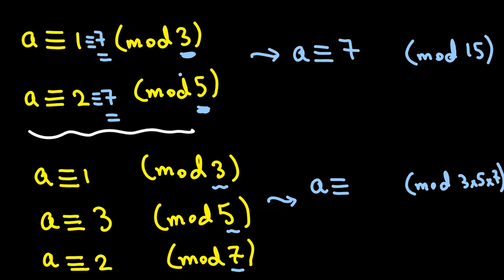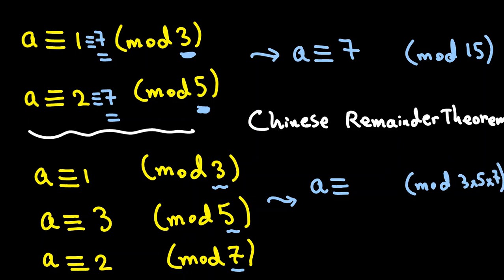So here there is a theorem, the Chinese remainder theorem. It says that if, for example, 3 and 5, each two of them are relatively prime, then it has an answer, and we can find the answer. We don't need to prove that because then the video will be very long, but it is a famous theorem.